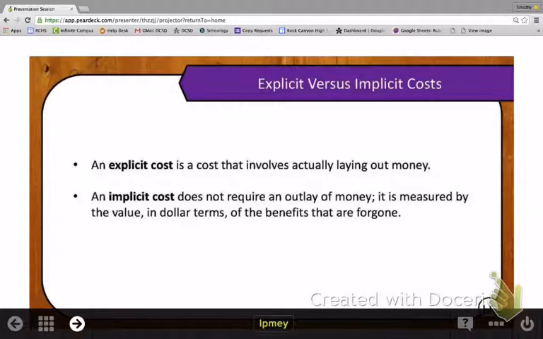A building or other capital that you could be renting instead of using it yourself is money that is given up. So these implicit costs are referred to as economic costs.